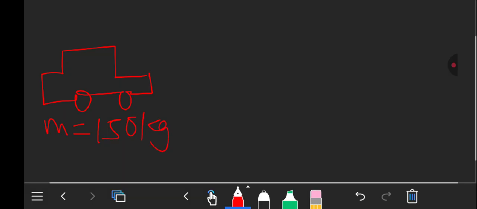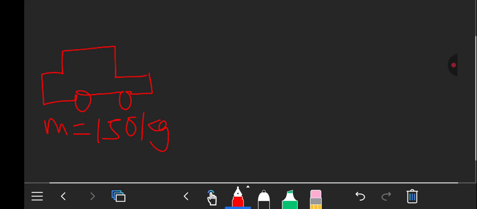Let's look at another example, whereby maybe this is a car. This car has a mass of 150 kg. Of course that is too small, okay, 150 kg.